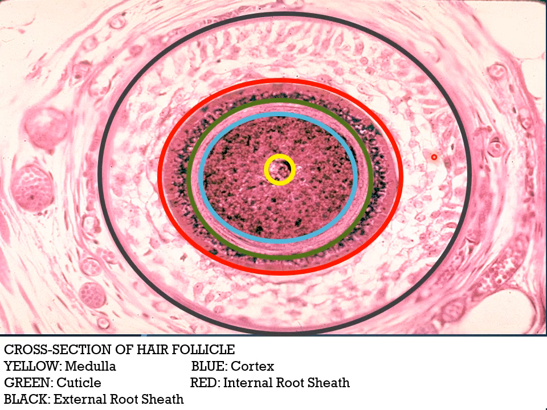Okay, cross section naman tayo. Okay? Pinakaloob again is the medulla and then cortex. Tapos yung whiter layer or the lighter colored layer is the cuticle, which is again not consistently present.